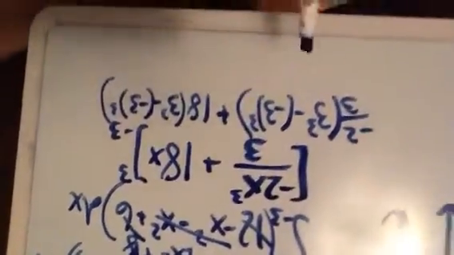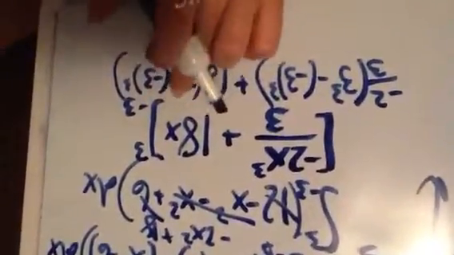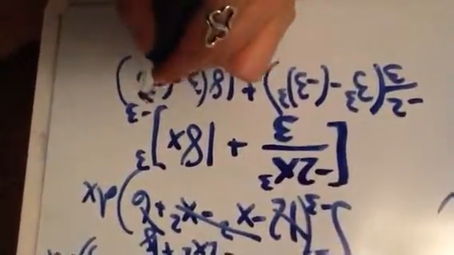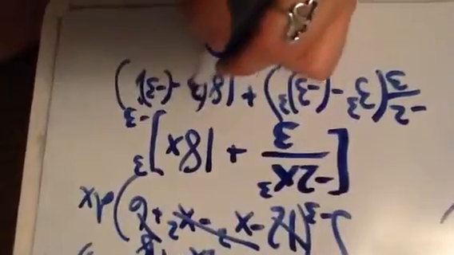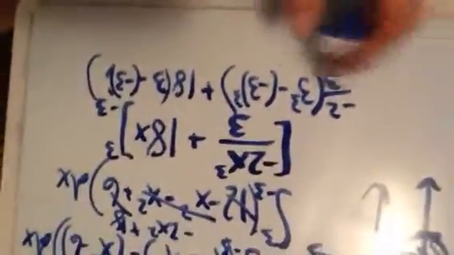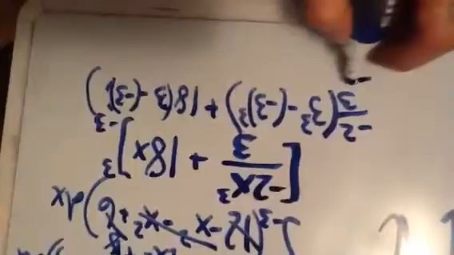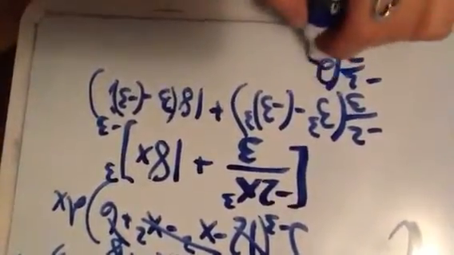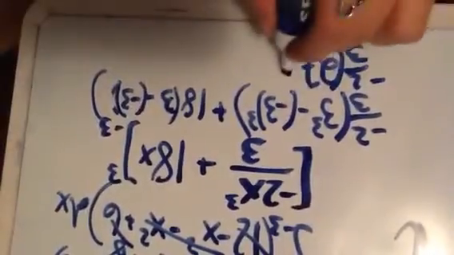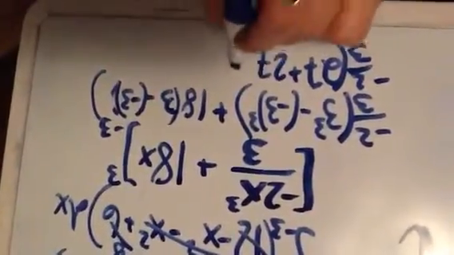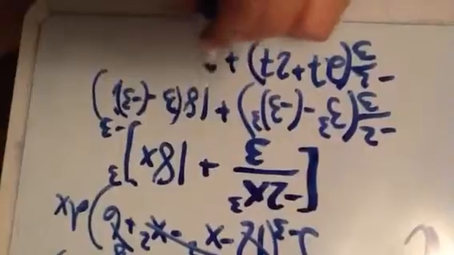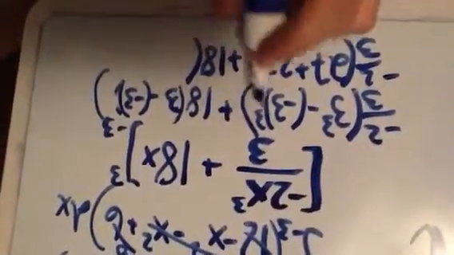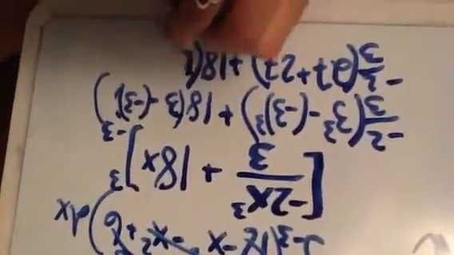Oh, not cubed, sorry. Just 3. Okay. And so now we can just do negative 2/3 times 27 minus the negative 27, so plus 27, plus 18 times 3 minus a negative 3, so 3 plus 3 is 6.